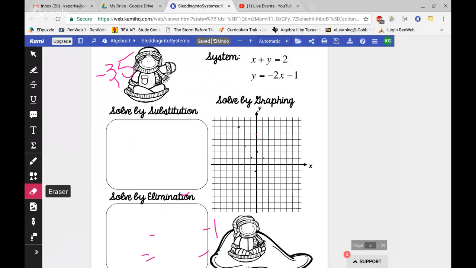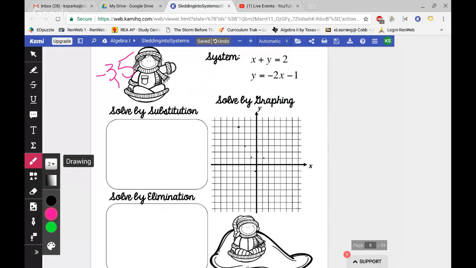So for elimination, what would I do on this one? You want to get your X's and Y's lined up. So what could I do? You could subtract the y on the second equation. Yes, you could, but wouldn't it be easier to bring this one over here?